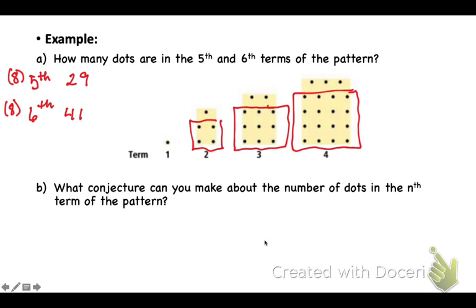Okay, so what was your number for 5? I decided to times it, and I was like, alright, so there's 5, and I times it by 4, and that's 20, and then I was like, well, there's 4 more. Okay, but this box right here is 4 by 4, yes? And this box is 3 by 3, and this box is 2 by 2. So the next box should be 5 by 5, plus your 4.